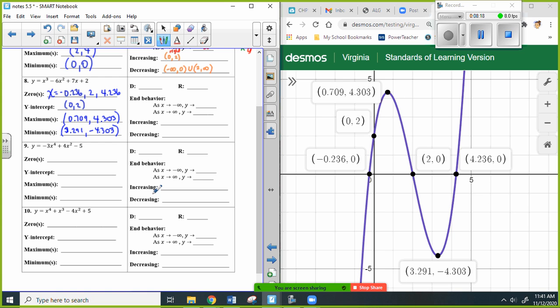Okay, all right, now if you want to draw your little picture, you can. If you prefer to keep looking at Desmos, that's fine. But it is still a cubic function, so our domain and range has not changed.